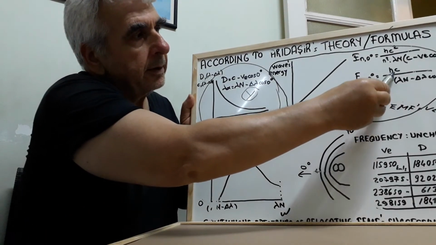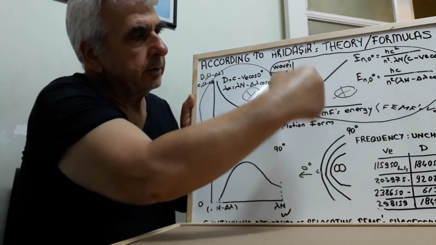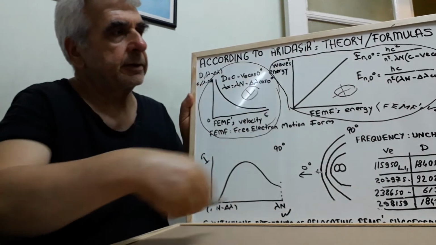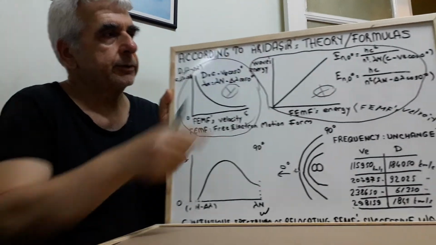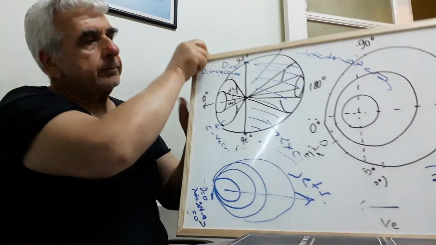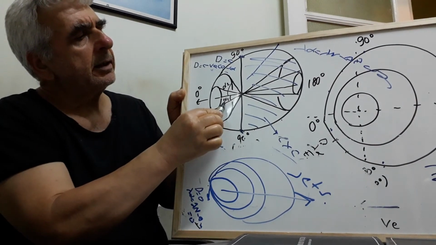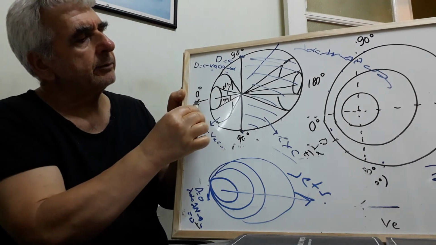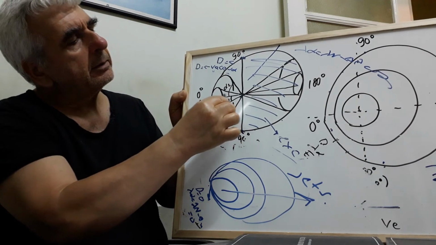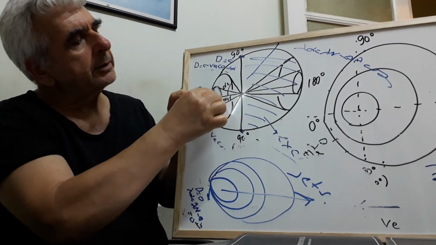These are all my formulas. You see, for each point, and say this is alpha in the direction of 0 degree, and this is alpha, like this.